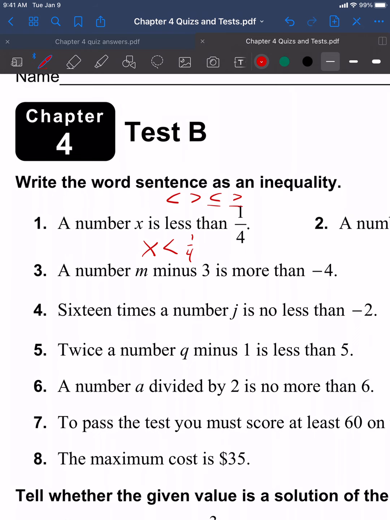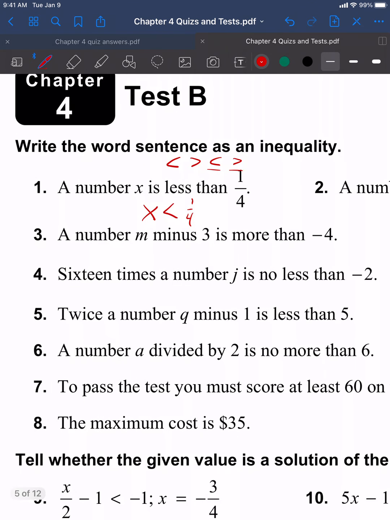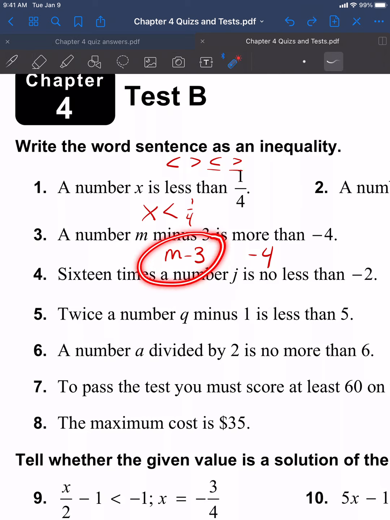Number 3. A number m minus 3 is no more than -4. M minus 3, something -4, right? So it's saying this cannot be more than -4.